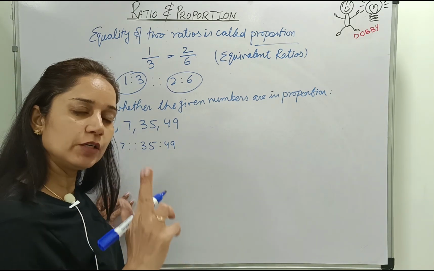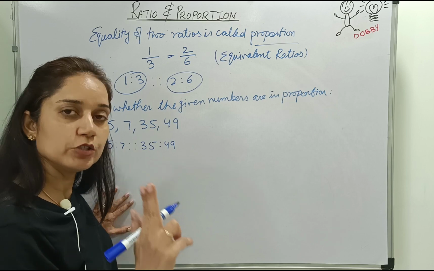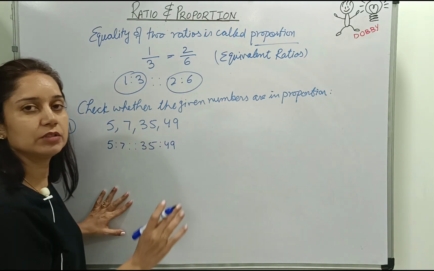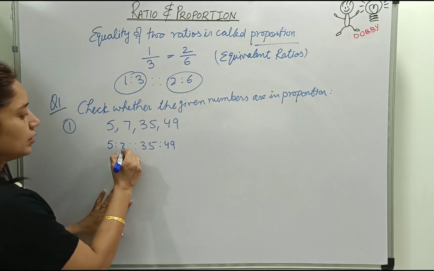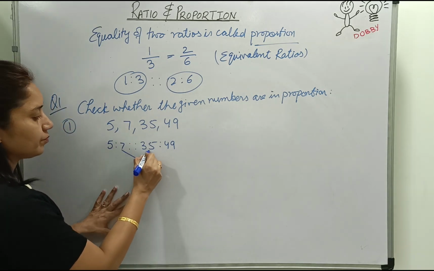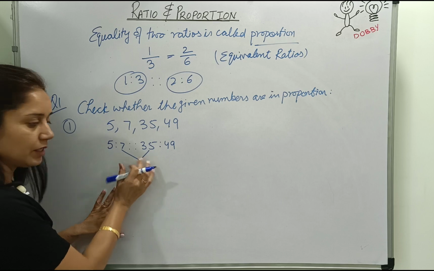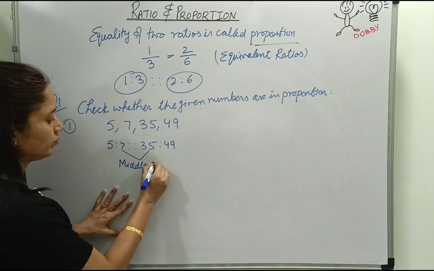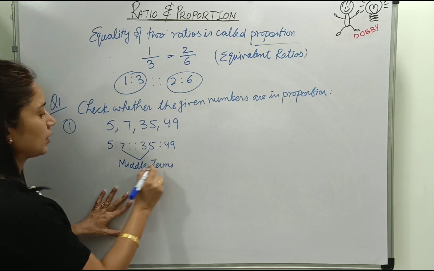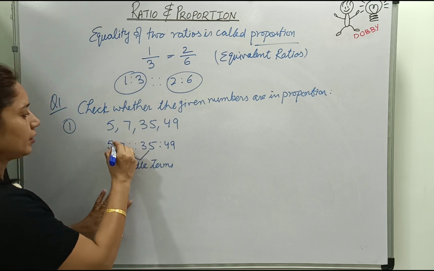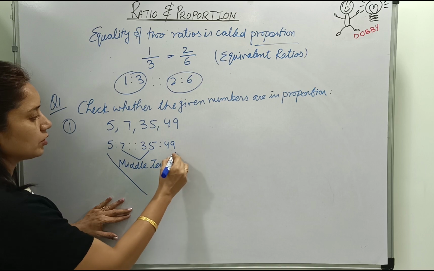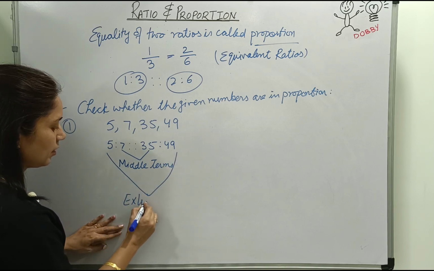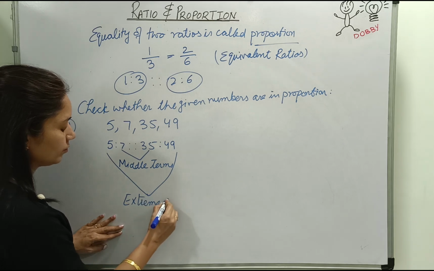Now when the two ratios are in proportion, then the product of their middle terms and extreme terms will be equal. 7 and 35 are in the middle, so these are called middle terms. 5 and 49 are outside, so these are called extreme terms.